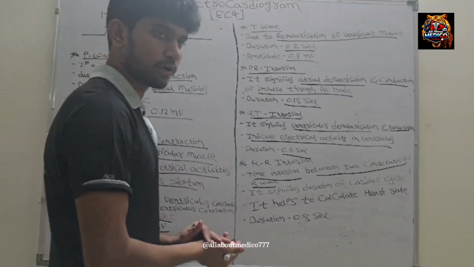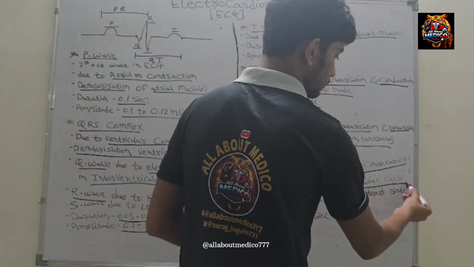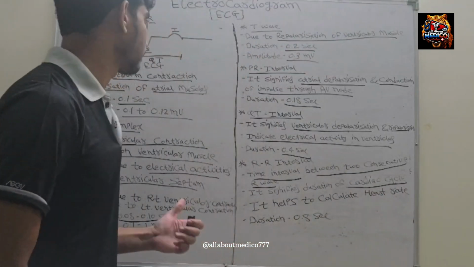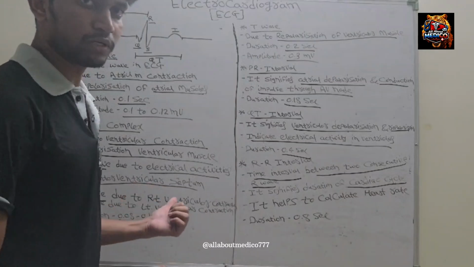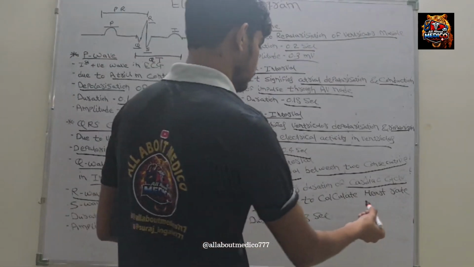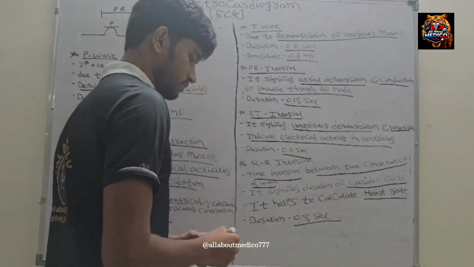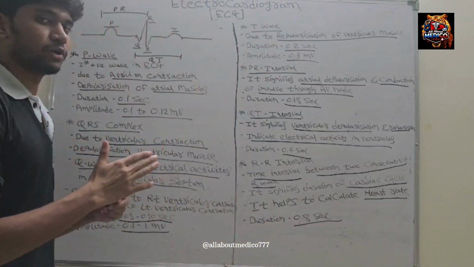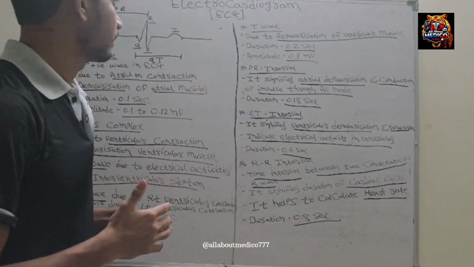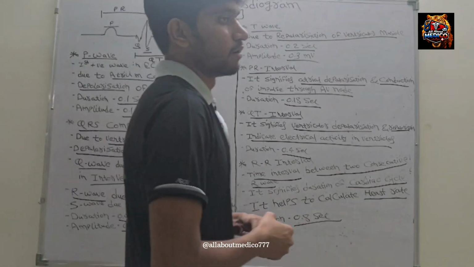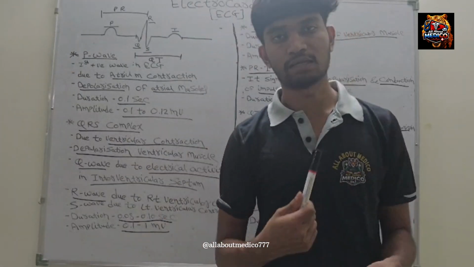It signifies the duration of the cardiac cycle and helps in calculating heart rate. The duration of the RR interval is normally 0.8 seconds.